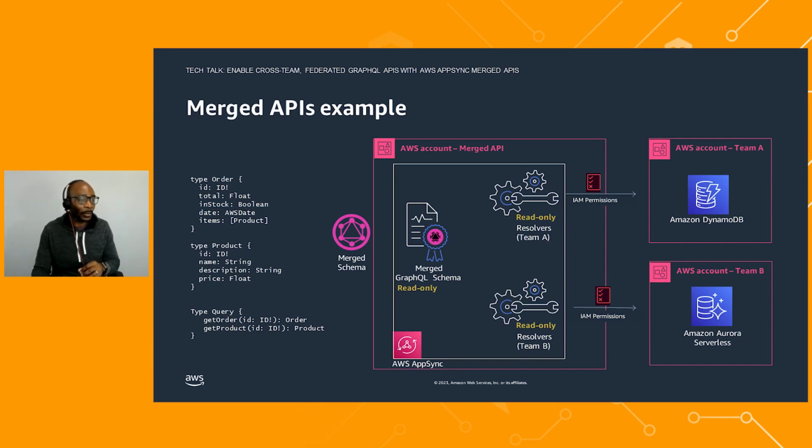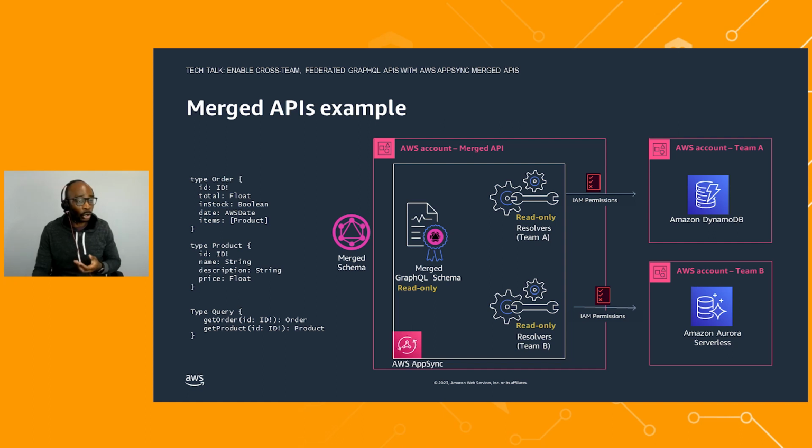As you can see here, I've got now my merged API that has a merged GraphQL schema built from the schemas of Team A and Team B. And in my merged API, I have got my resolvers that I configured from the Team A and Team B resolvers. When I need to execute a query, my merged API simply handles the resolution of that query and fetches the data from the data sources in Team A's and Team B's accounts.